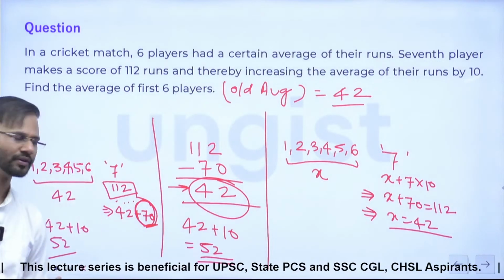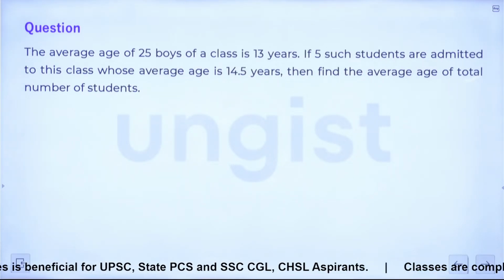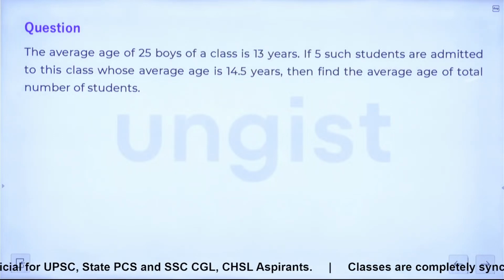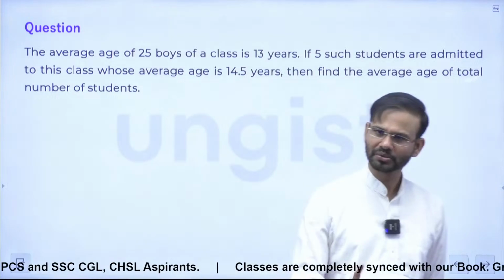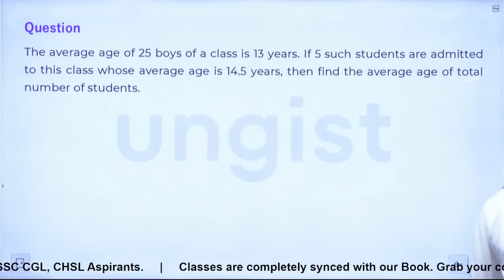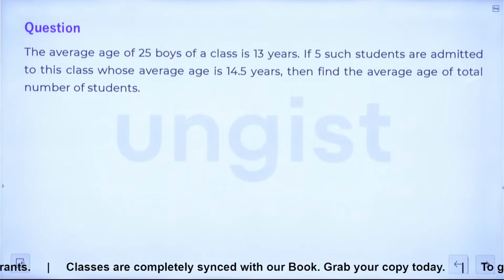Shall we move? Okay. After that, everyone again, just look at this question. You don't have to solve it, okay? You just have to read it. That's it. And I'll be discussing the question. Just read.